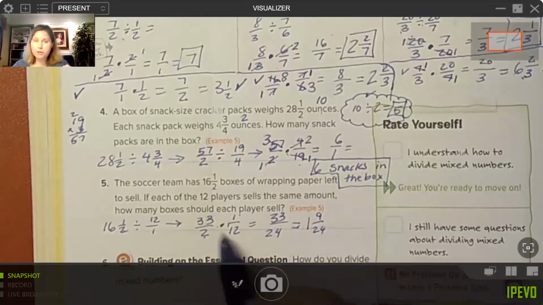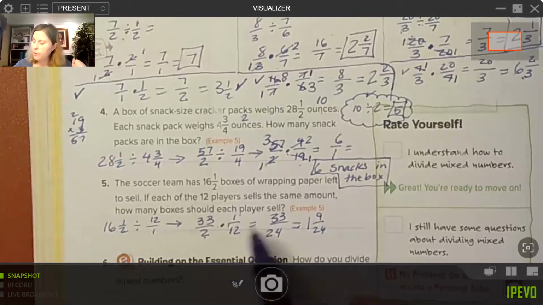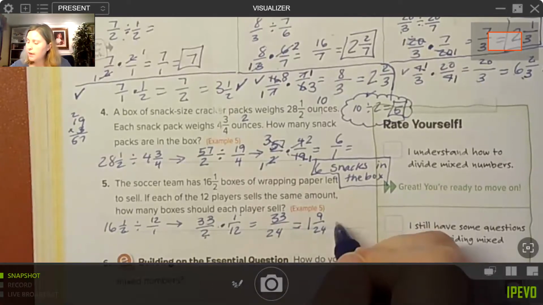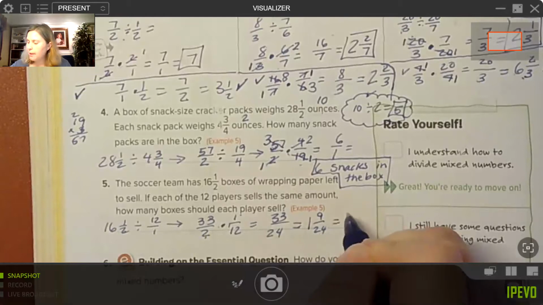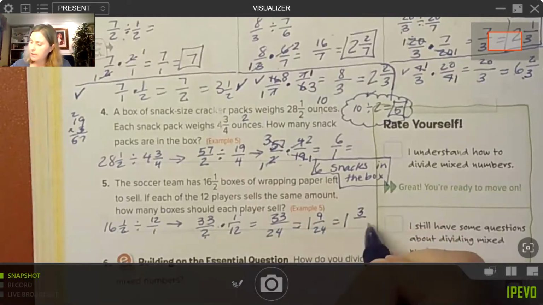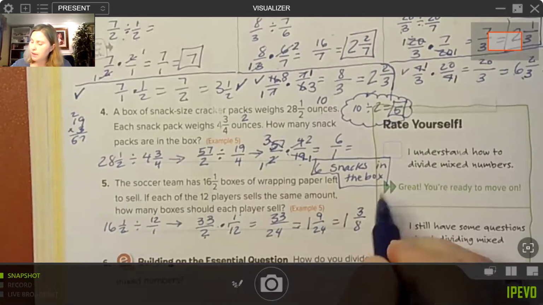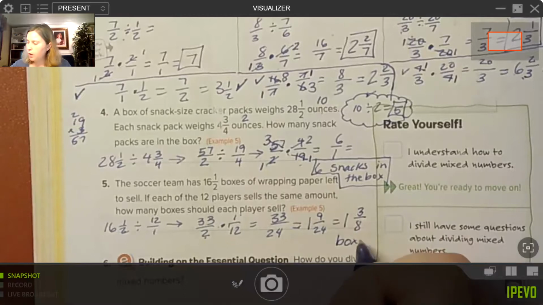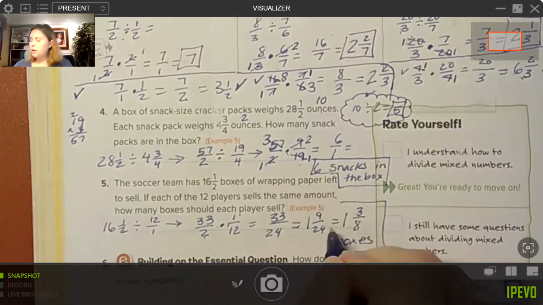These were both divisible by 3, but that's okay. Sometimes if you forget to cross cancel or don't realize that you can, you can just simplify it in the end. Okay, so 9 and 24 are both divisible by 3. 9 divided by 3 is 3. 24 divided by 3 is 8. So each person should sell 1 3/8 boxes. So about 1.5 boxes. All right.